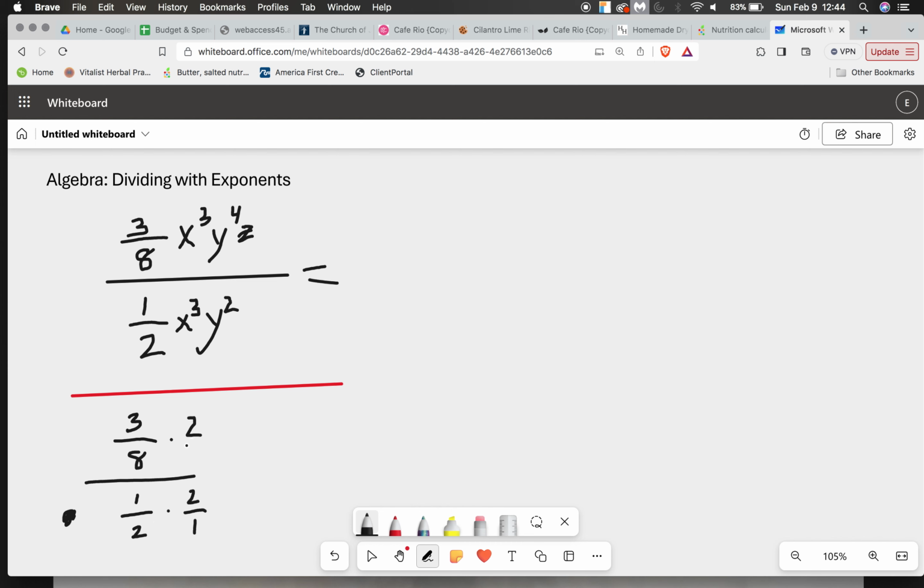then, oh, that's supposed to be 1. And that means that we can get this part of the fraction gone, because 1/2 times 2/1 equals 2/2, which equals just 1, and anything divided by 1 is just itself, right?